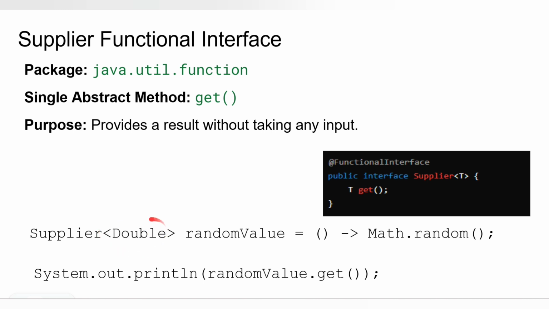And then we have provided here double because this particular supplier random value will return us a double value because we are saying here Math.random. So every time it will return us a random value of double type. That's why we have provided here output argument as double.